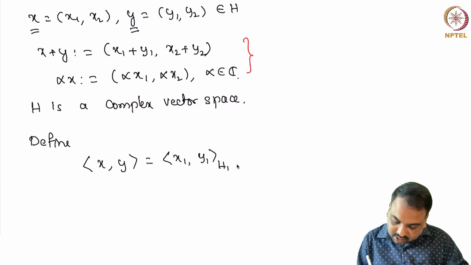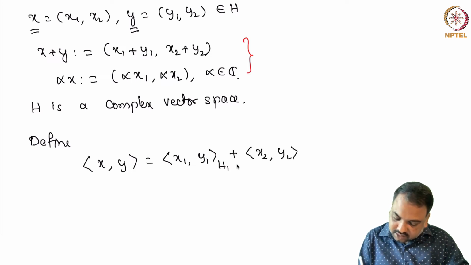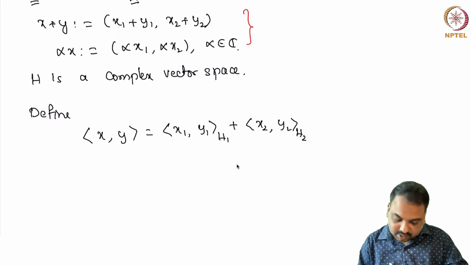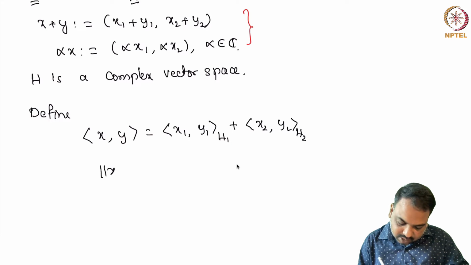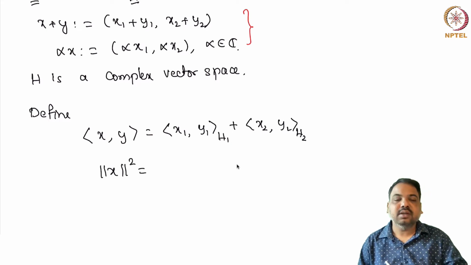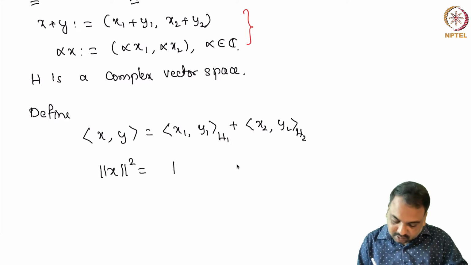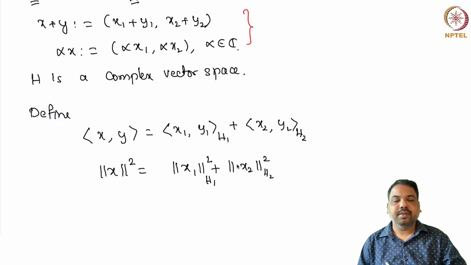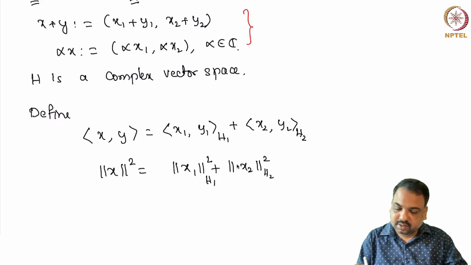So this is the inner product in H1, and this is the inner product in H2. Okay, the corresponding induced norm, take y equal to x, you will get norm x1 square in the Hilbert space H1, plus norm x2 square, which is the norm in the second Hilbert space.